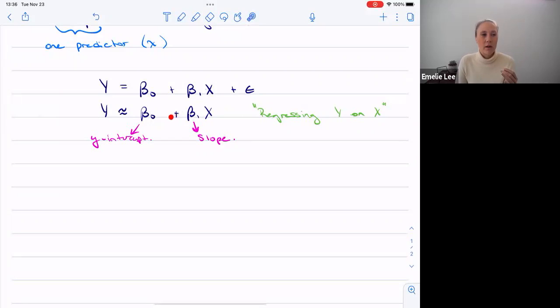Just like before, we have these population parameters, beta naught and beta 1, denoted by Greek letters, which all parameters are. As soon as they're from the population, typically we use Greek letters to denote that. But also, we don't know what these are, and so we need estimates for these values.